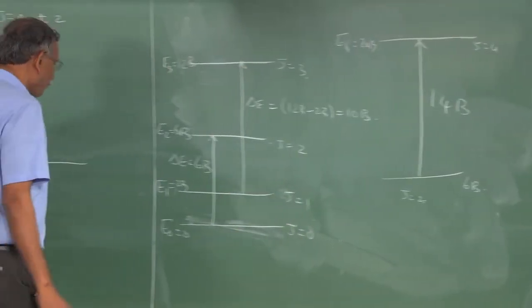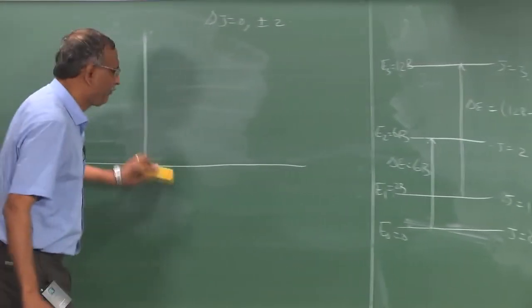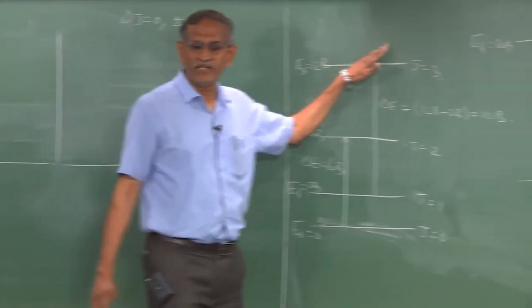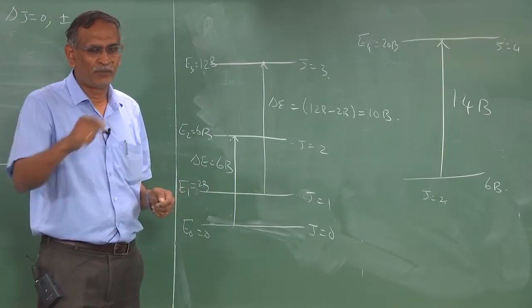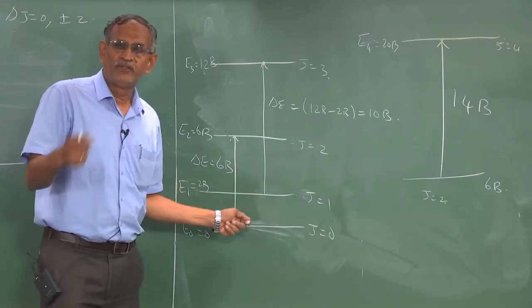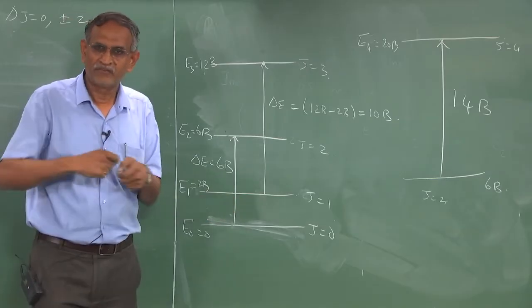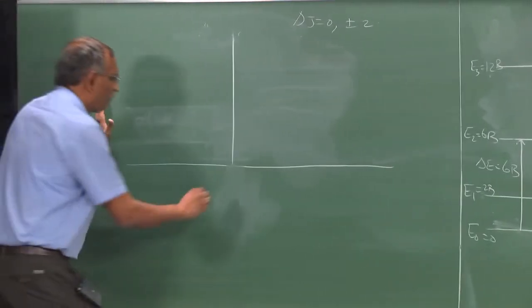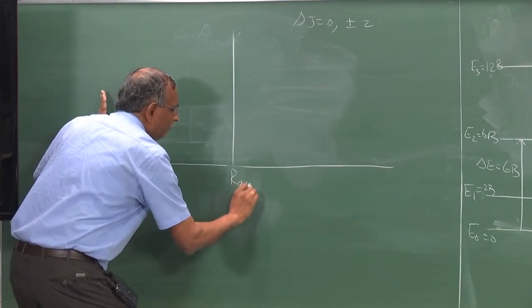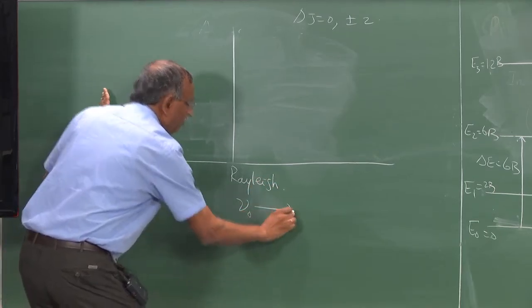Therefore, what you will see in the rotational Raman line is, on either side, this is absorption of radiation. What happens if this radiation is absorbed? Supposing this is the frequency reduction in the scattered radiation, then that is seen on this side of the frequency, because this is Rayleigh and this is the increasing direction on the frequency.